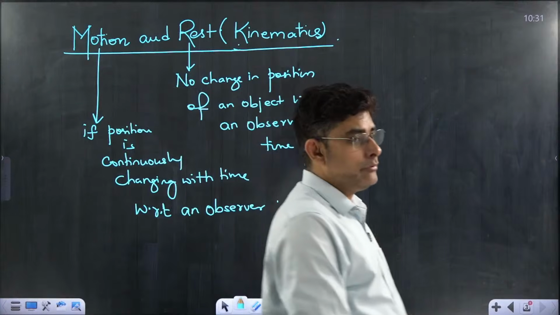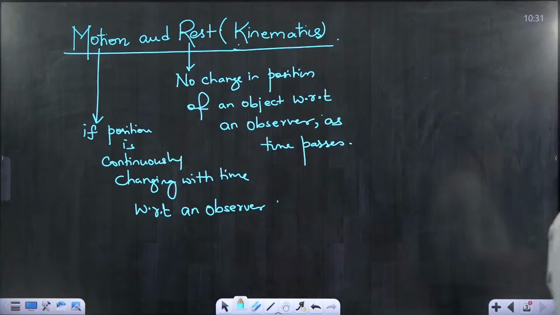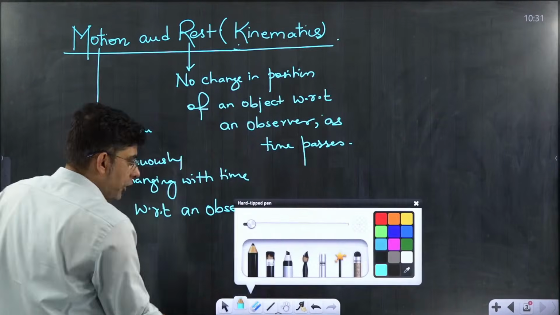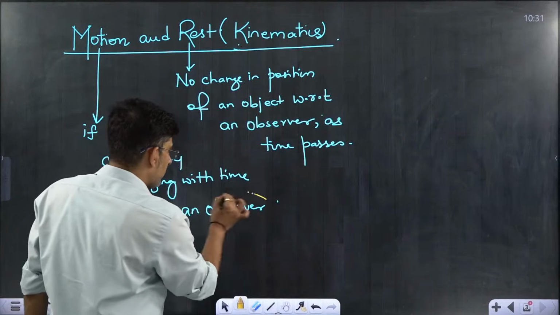So when we have motion or rest, that means the position is either changing or not changing, and that depends on an important term, which is called an observer.